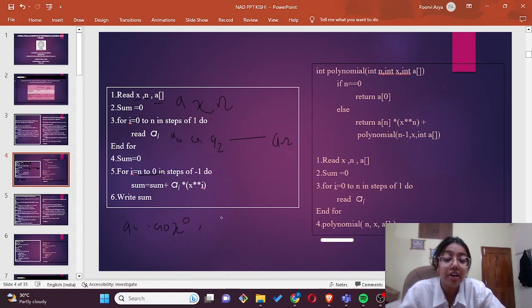Then if we find a1, then it is a1 x to the power 1.